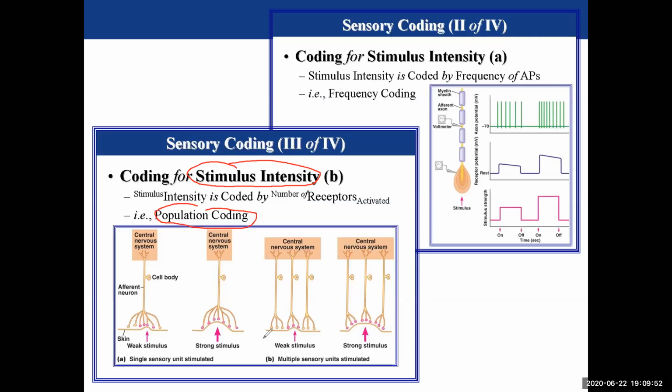So the strength of the stimulus would be directly proportional to the number of graded potentials being generated. The greater the graded potential being generated, the greater the chance of triggering an action potential at the trigger zone and sending that to the central nervous system. So the stronger the stimulus, the greater the chance of generating action potentials and being propagated down toward the spinal cord or the central nervous system. Okay. So that's population coding versus frequency coding.